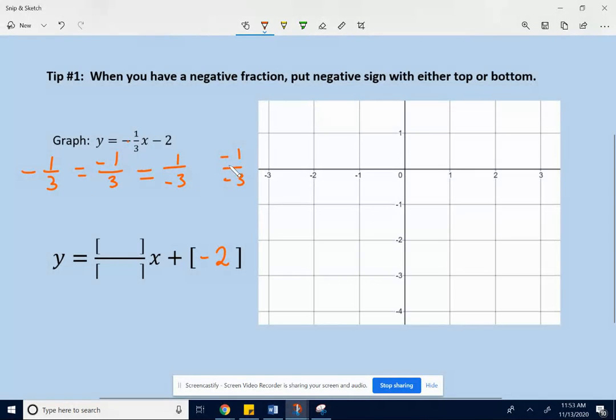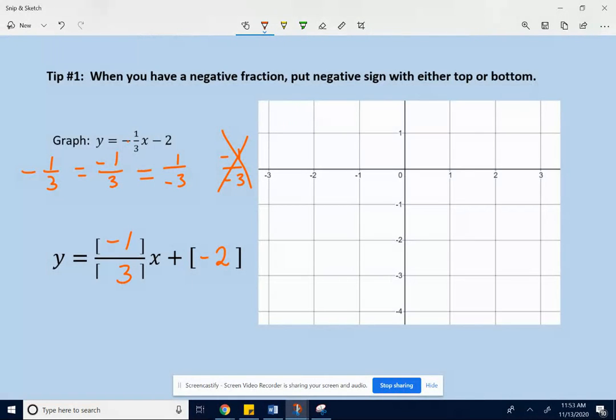We don't want to put the negative with the rise and with the run, because a negative divided by a negative is equal to a positive. So we would have changed the slope from a negative slope to a positive slope. So don't do that. When you have a negative fraction, put it either with the top or the bottom. I'm just going to put it with the top.